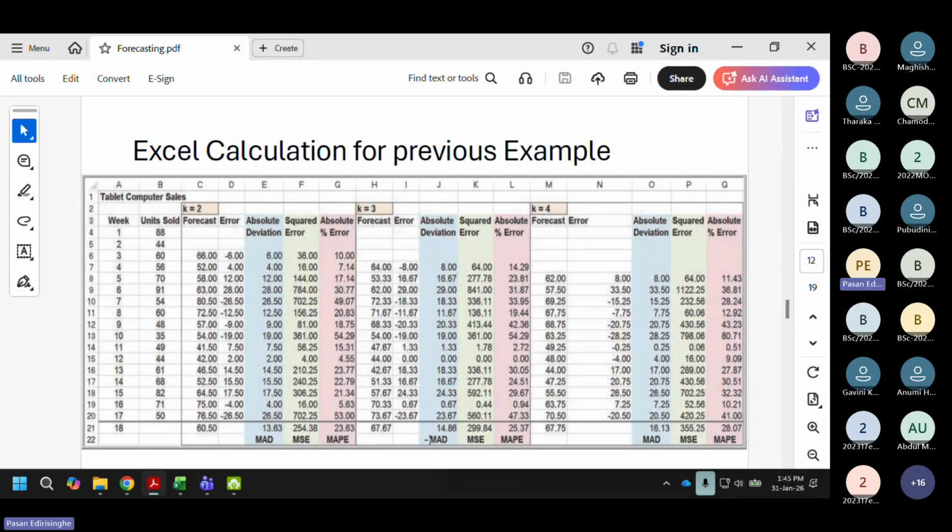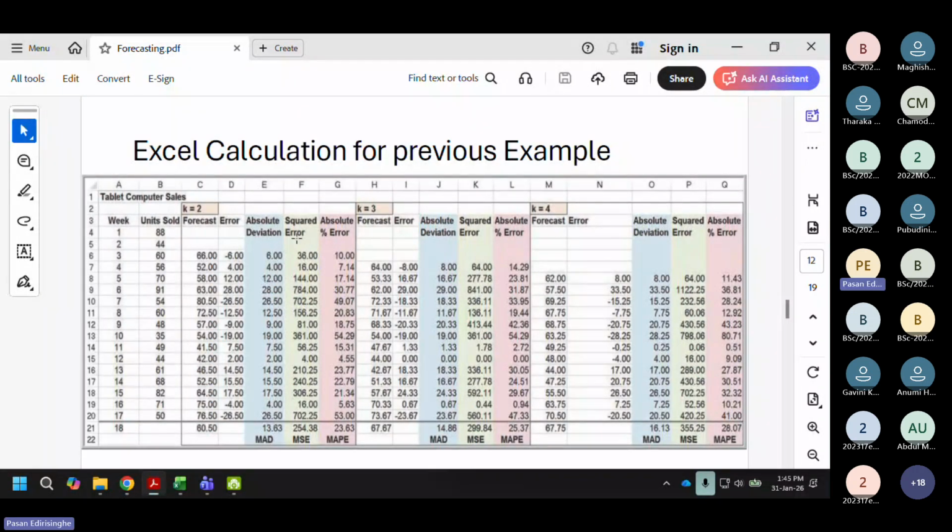And once you look at these numbers, what can we identify? In terms of all three measurements here, if you look at them, k equal 2 is the smallest we can have. Others are getting larger, right?